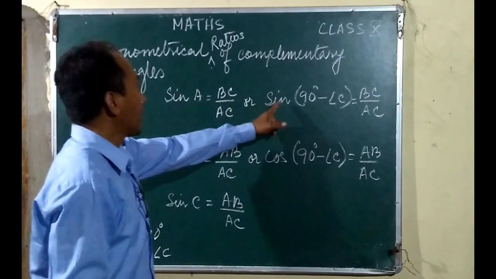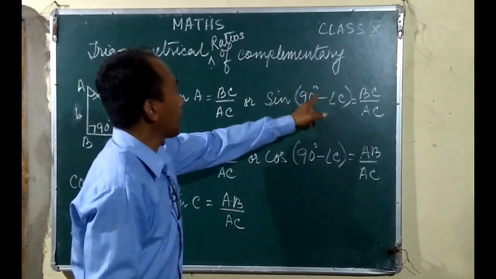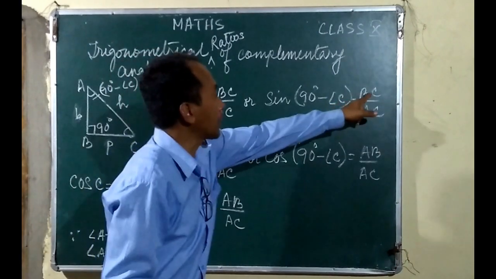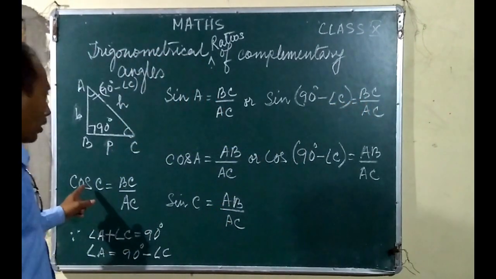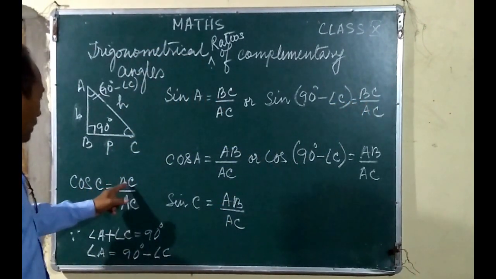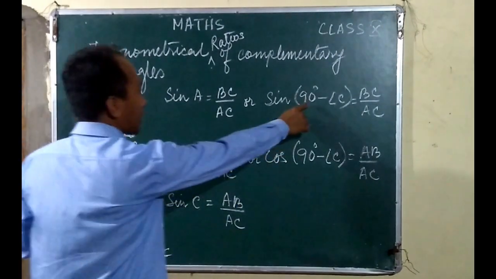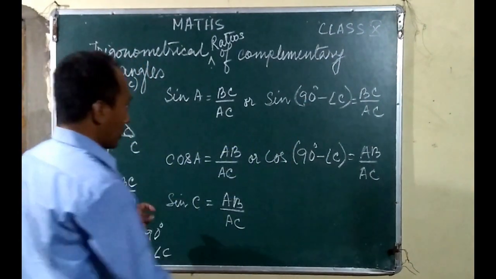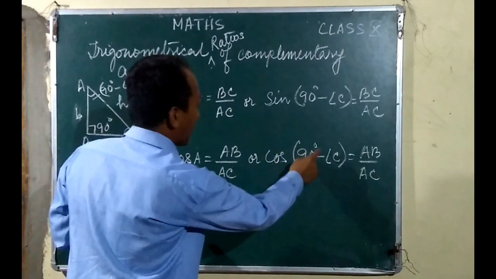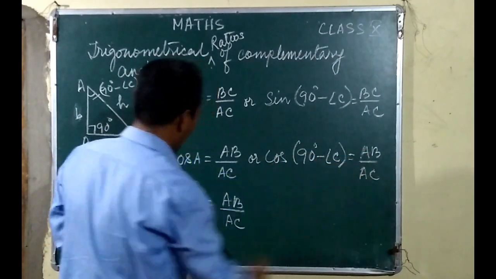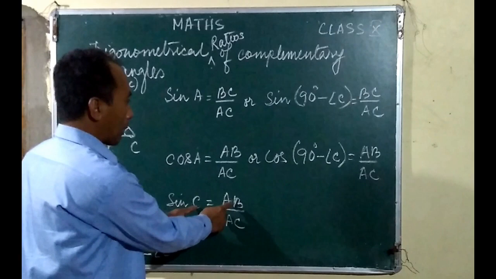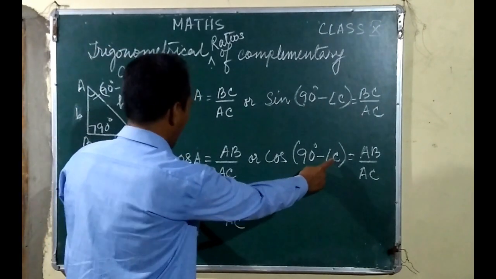Now you see here, sin(90 degrees minus C) is BC by AC, and cos C is BC by AC. These two are the same. Now cos(90 degrees minus C) equals AB by AC, and sin C equals AB by AC. These two are the same.